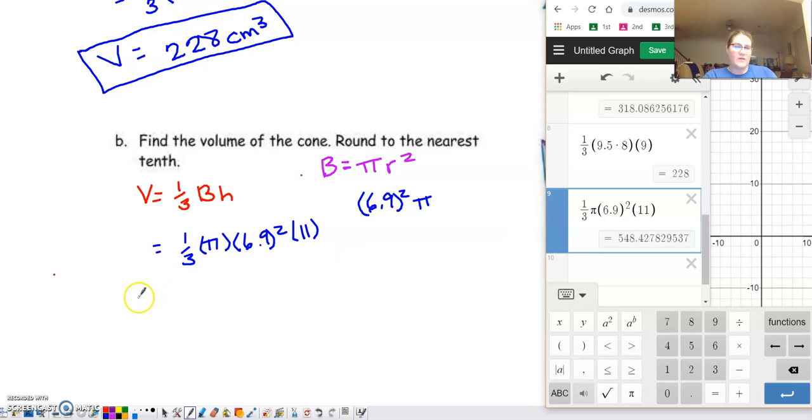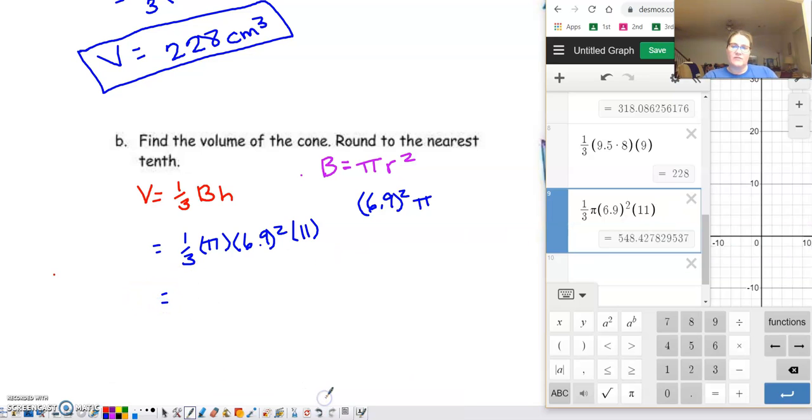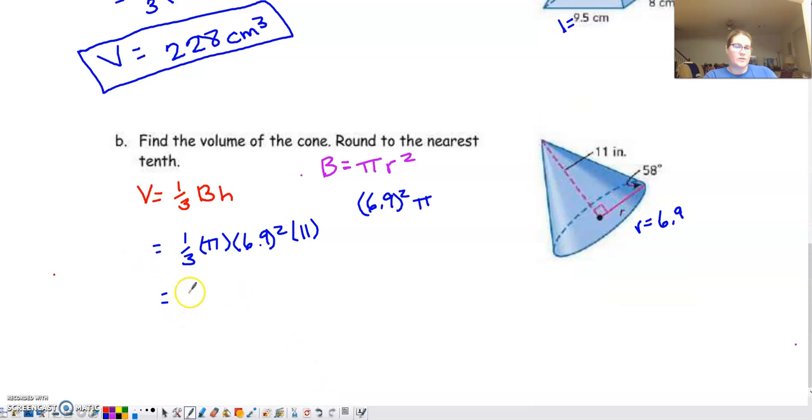That's going to give me a volume of 548.42. And when I round that, it becomes 548.4. And my unit here was inches, so this is inches cubed.